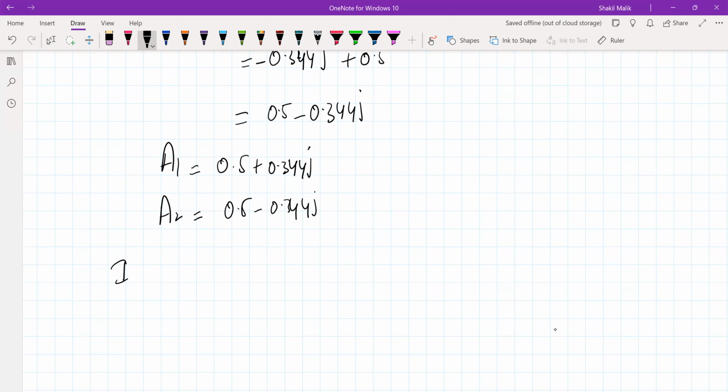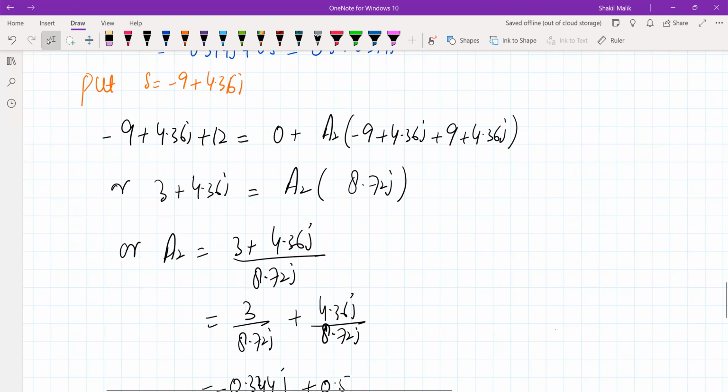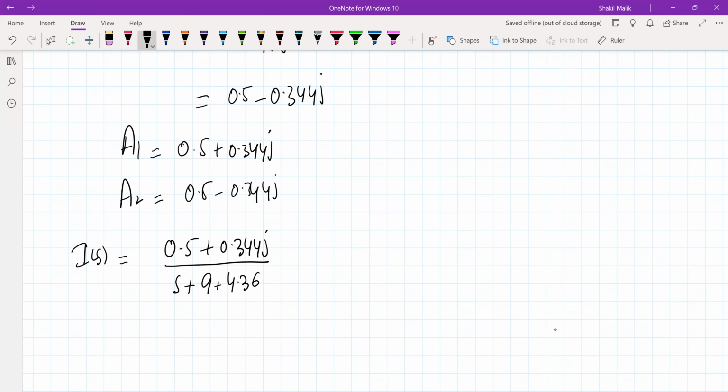I of s will be equal to (0.5 plus 0.344j) divided by (s plus 9 plus 4.36j), then we have (0.5 minus 0.344j) divided by (s plus 9 minus 4.36j).